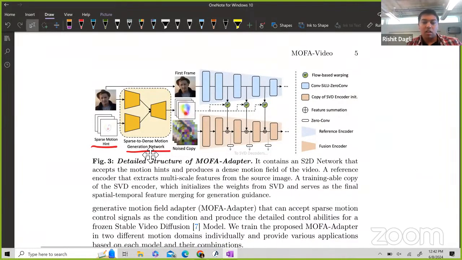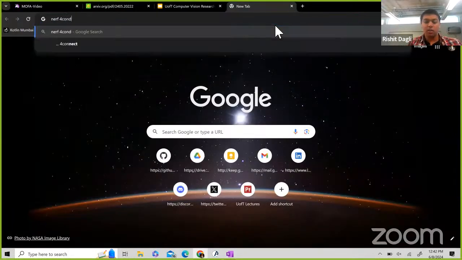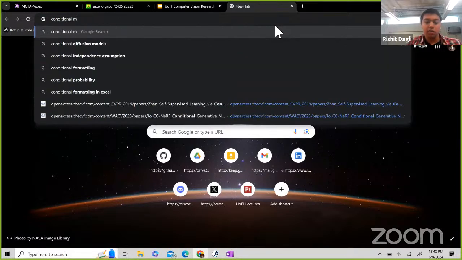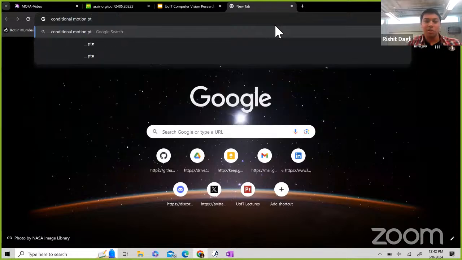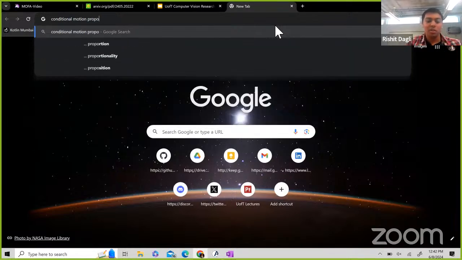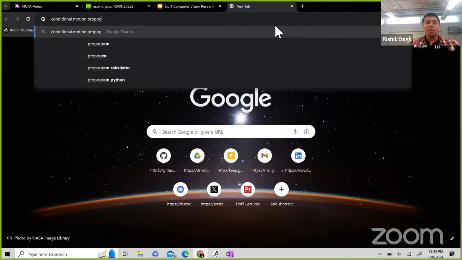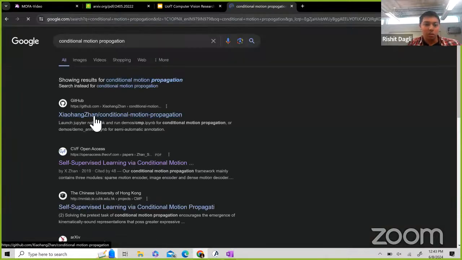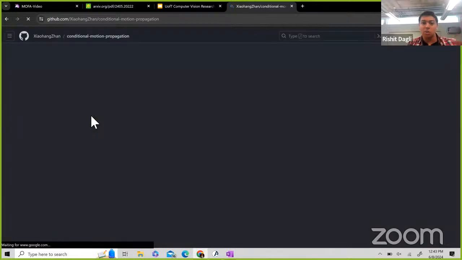And the way they do it, I guess the conditional motion propagation had a really nice figure for what they do, because they pretty much do a similar thing, what they call watershed features for motion estimation. So they try to do something very similar, to make dense motion maps.